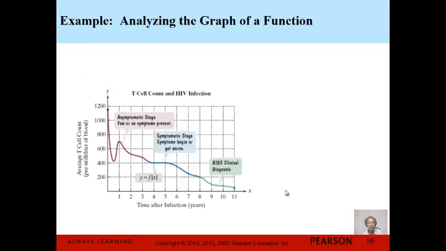Also, we'll want to analyze the graph of a function. Here in this example, you have a graph where the x values represent time after infection in years. The y-axis represents the average T-cell count per milliliter of blood. So we want to use the graph to find f of 5.